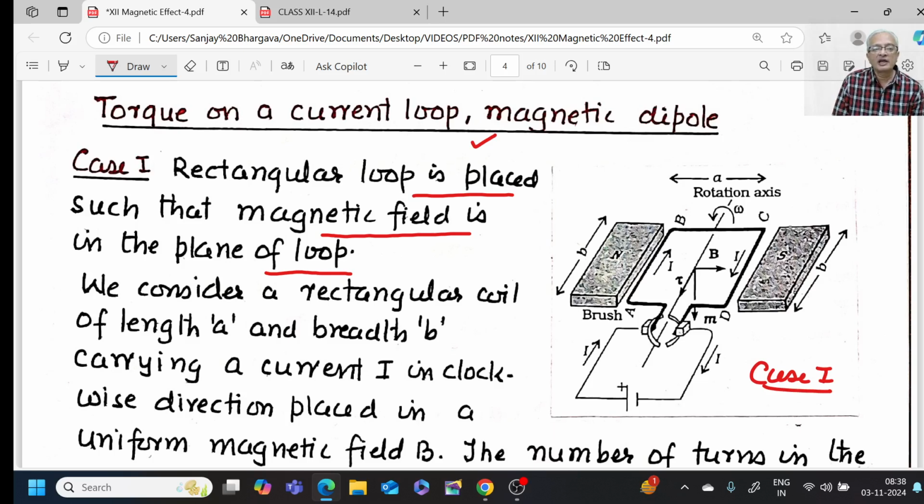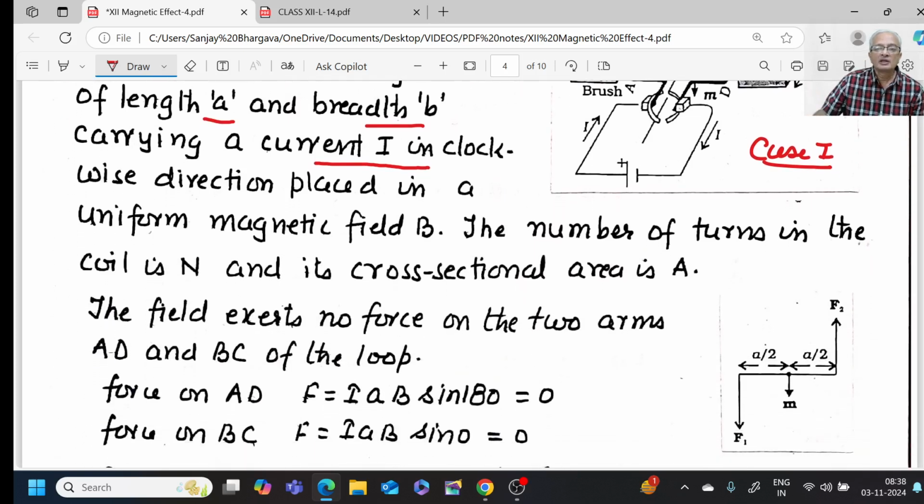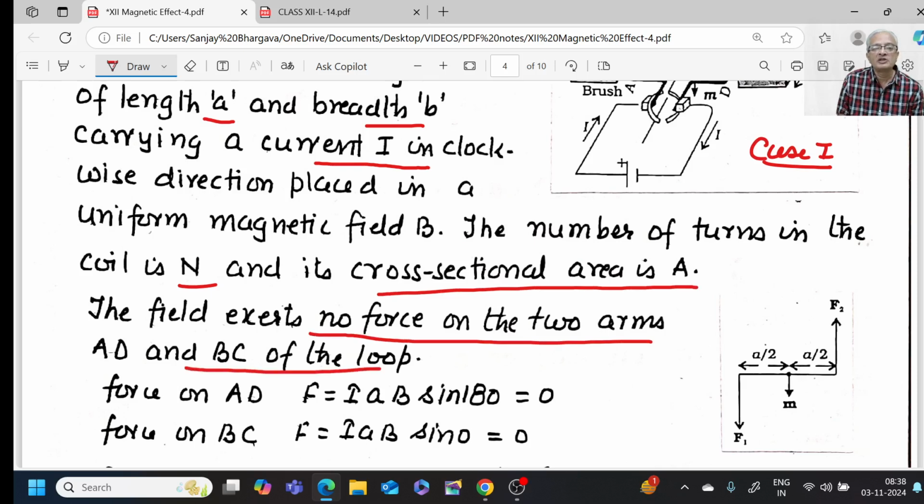We consider a rectangular coil of length a, breadth b, carrying a current I in clockwise direction, and placed in a uniform magnetic field produced by the two pole pieces of the magnet. The number of turns in the coil is N, and its cross-sectional area is capital A. The field exerts no force on the two arms AD and BC of the loop.